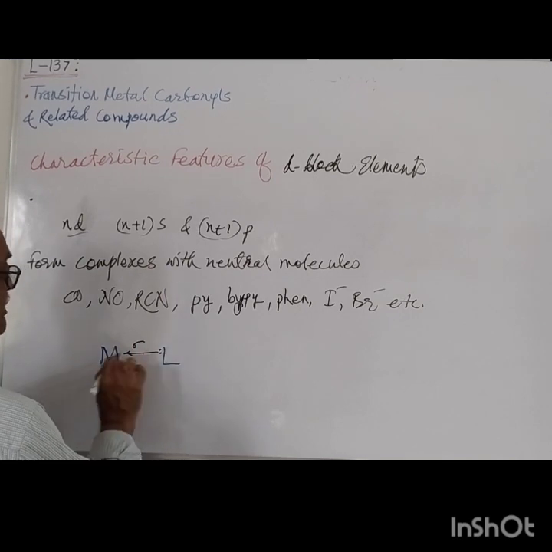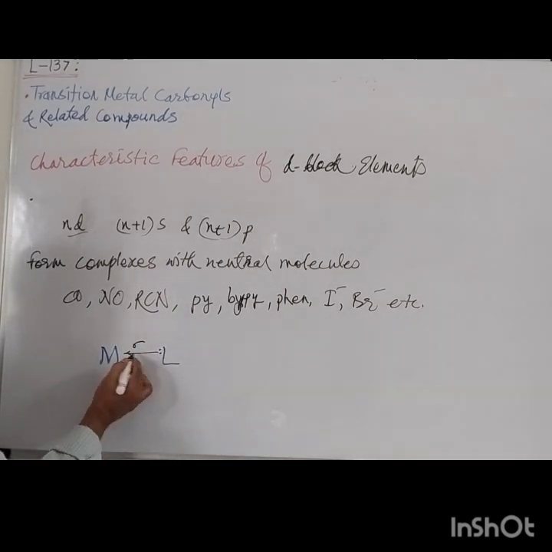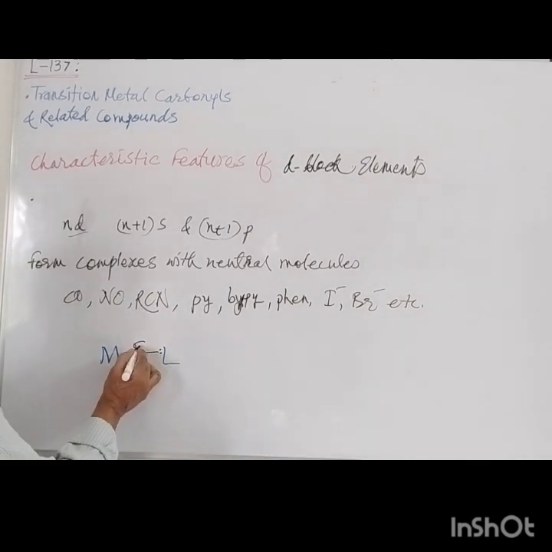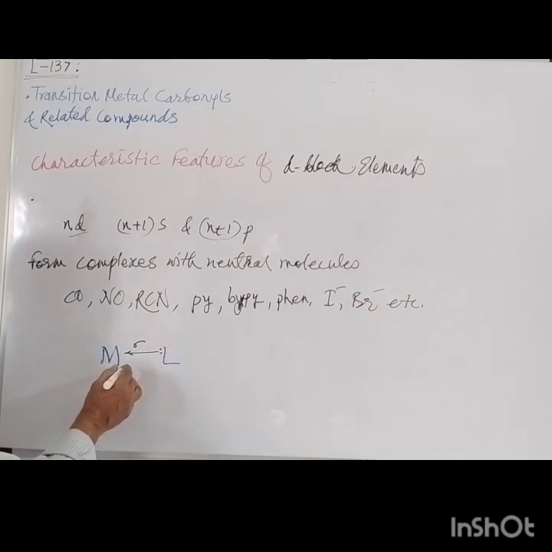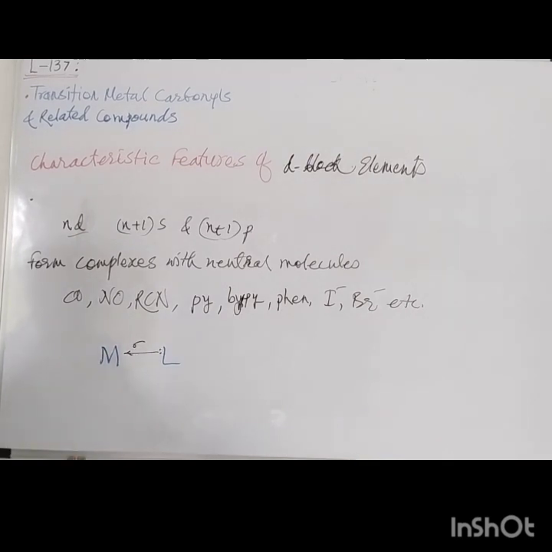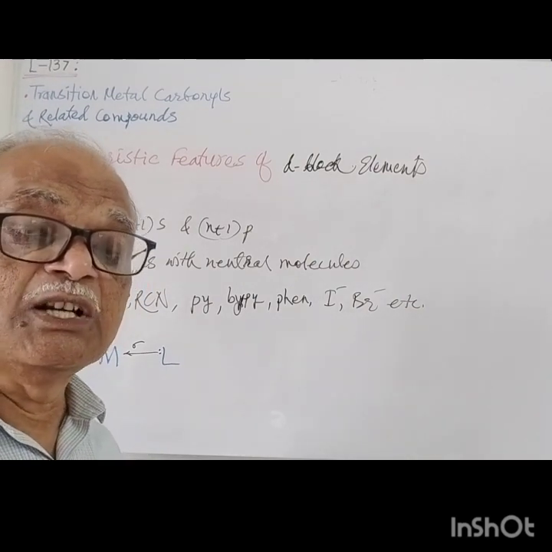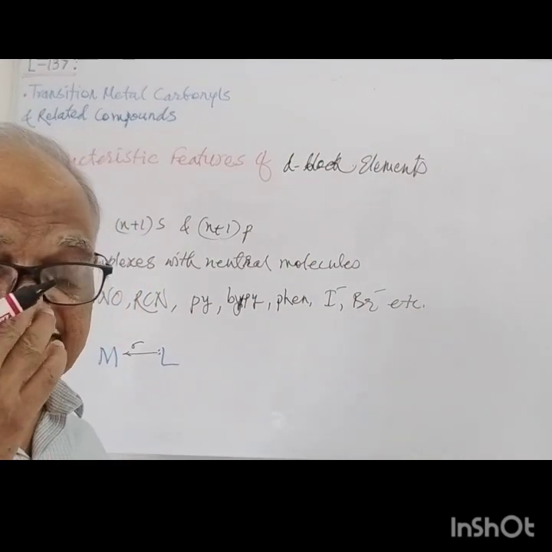So the lone pair of the ligand is shared with the metal ion, and this produces a sigma bond. But as a result of this, the ligand becomes positively charged, the metal ion becomes negatively charged, and this charge separation is unfavorable to stabilize the complex.